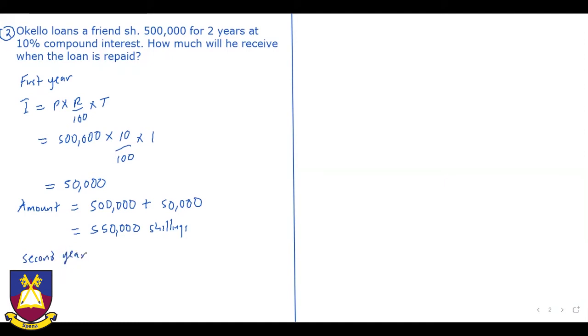We're going to get the interest still, which is principal. The principal is no longer 500,000. At the end of the first year, the principal is now 550,000. You have to add this interest. So that's 550,000 times the rate, which is still 10%, times the time, still 1. The interest is, the 2 zeros cancel, 55,000.